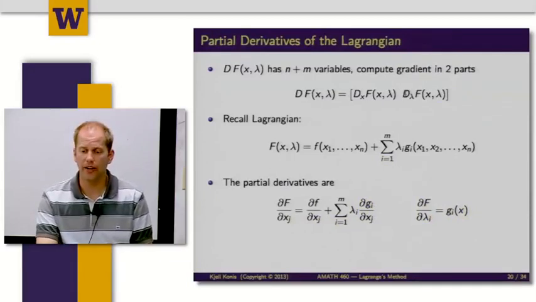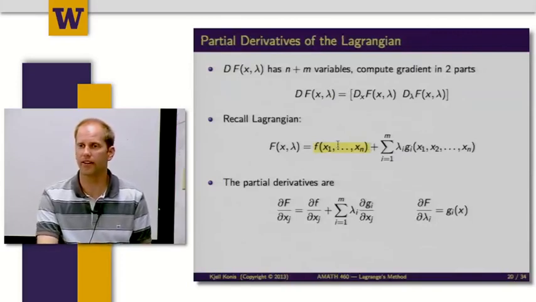And then on the right-hand side, this turns out to be quite a bit easier. When I'm taking the partial derivative with respect to each of the lambdas, the objective function doesn't have a lambda in it. So the partial derivative of this with respect to any one of the lambdas is going to be 0. And also, the g doesn't have any lambdas in it.